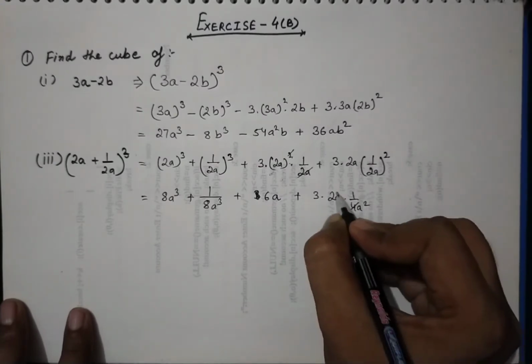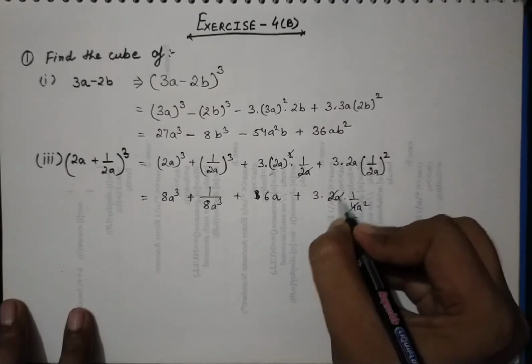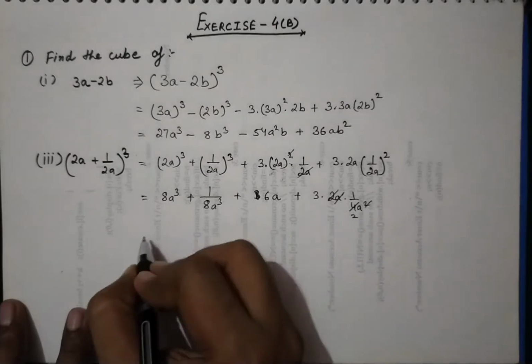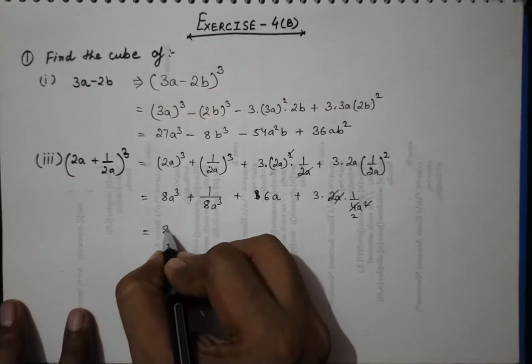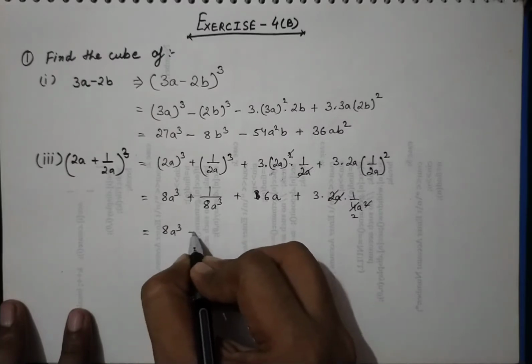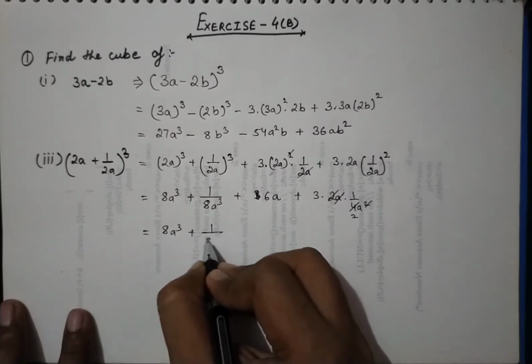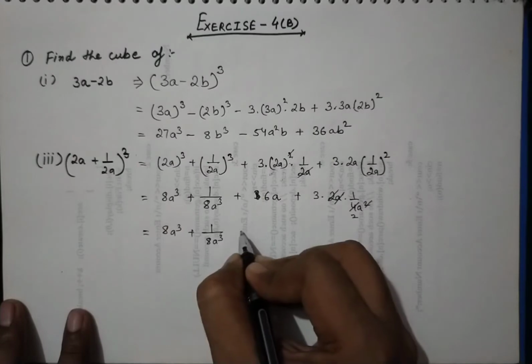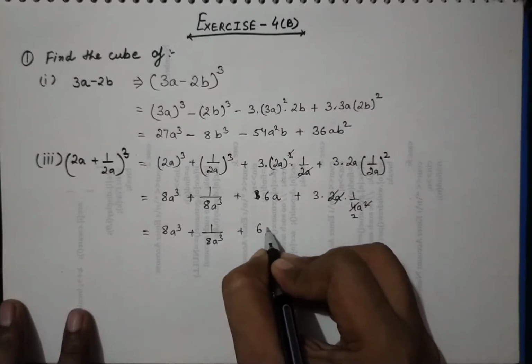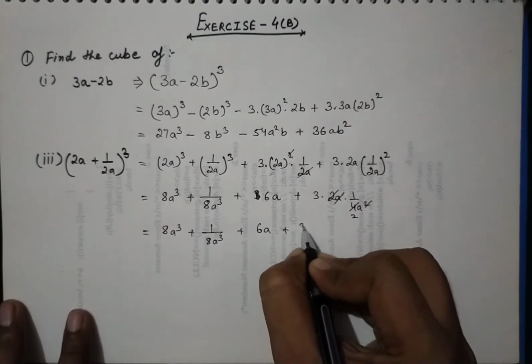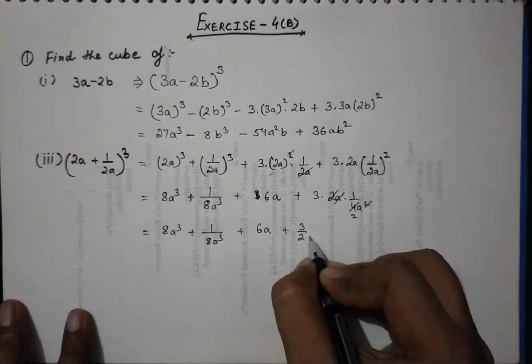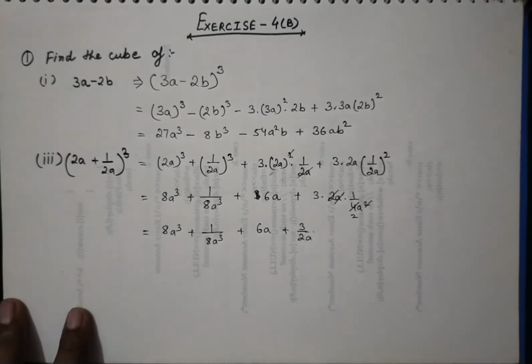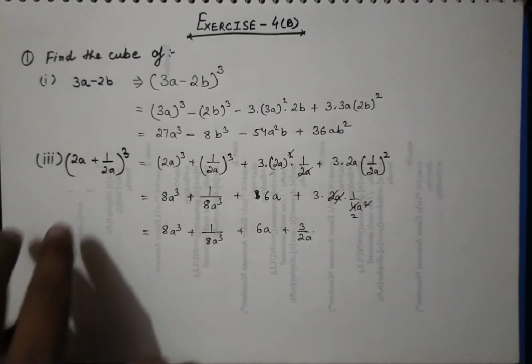We can cancel out this, that is 2, and we can cancel a by the square, and we are left with 8a cube plus 1 upon 8a cube plus 6a plus 3 upon 2a. That is the expansion of this expression.